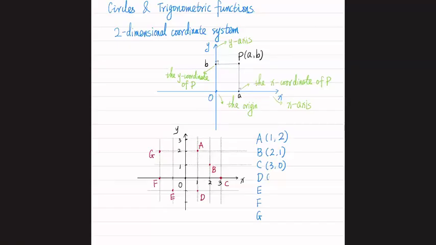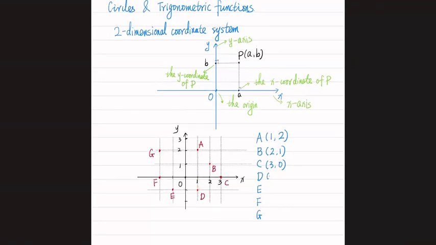Let's double check. The x coordinate of D is 1. 1 and -1. Okay. 1, -1. Nice. And Fred, point E. So it will be -1, -1.